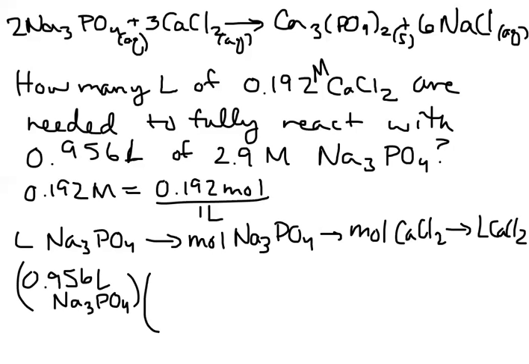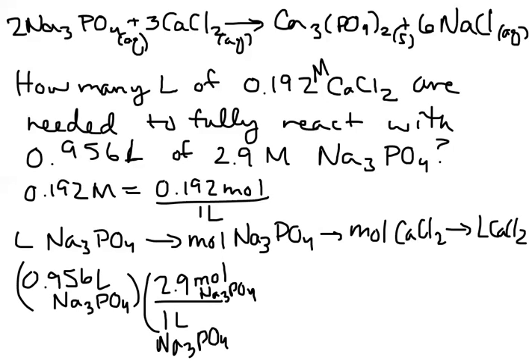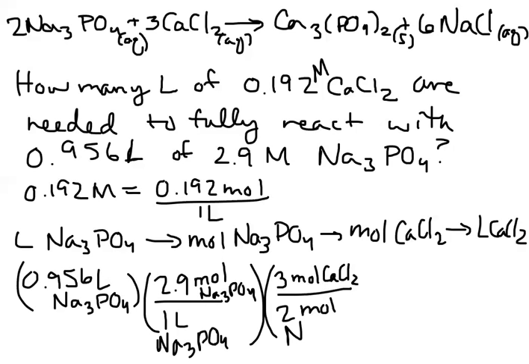So for 1 liter of Na3PO4, 2.9 moles of Na3PO4. How do I convert that to moles of CaCl2? Molar ratio, which is 3 moles of CaCl2 to 2 moles of Na3PO4.